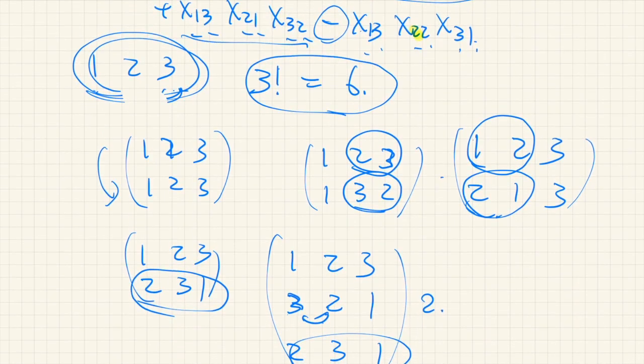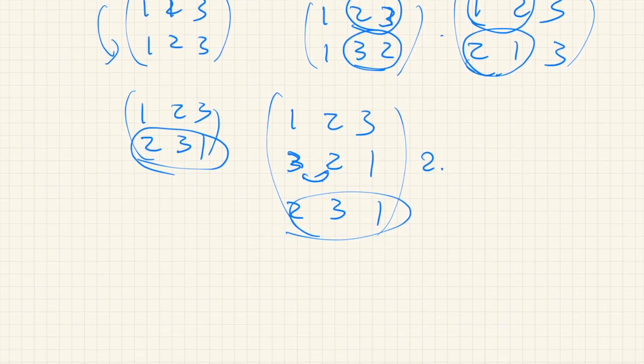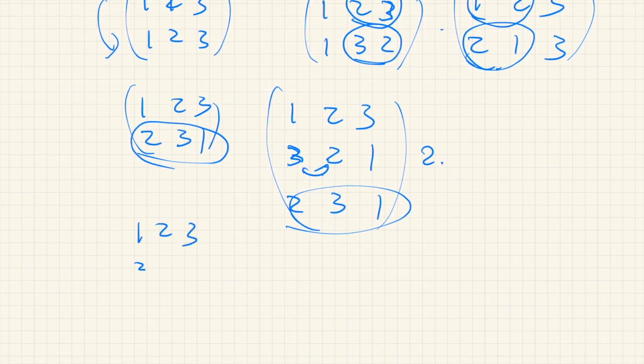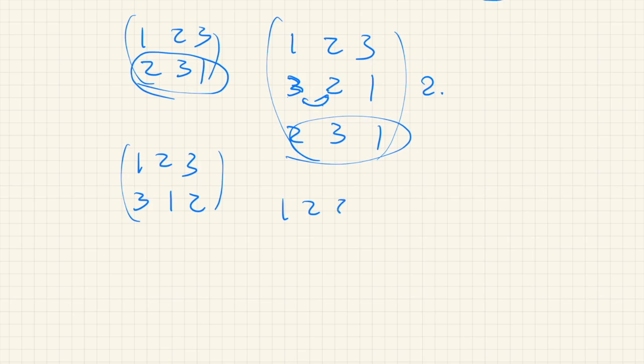And the next one, 1, 2, 3 becomes 3, 1, 2. How can we obtain this? So 1, 2, 3. Let's swap 3 and 1, and next, let's swap 2 and 1.